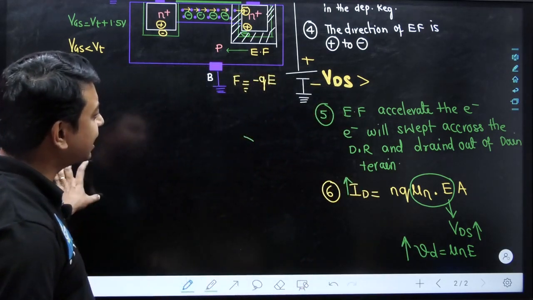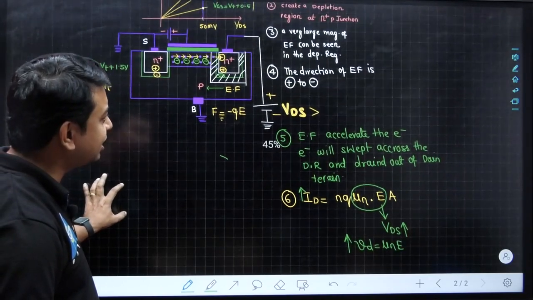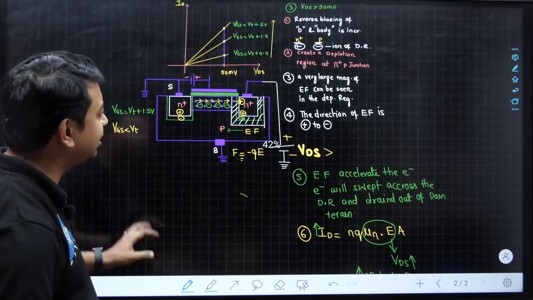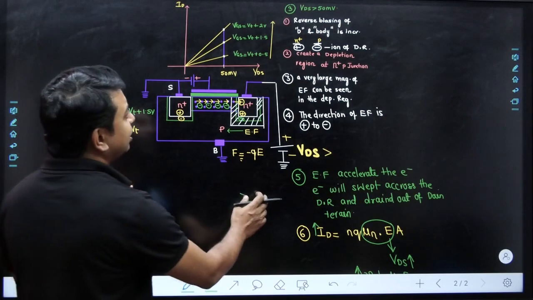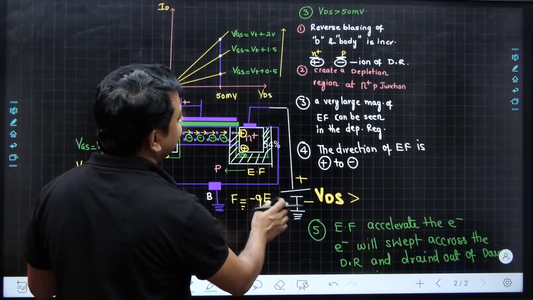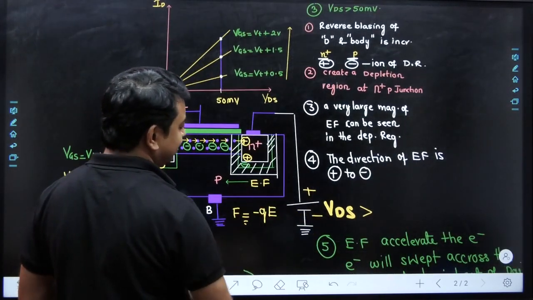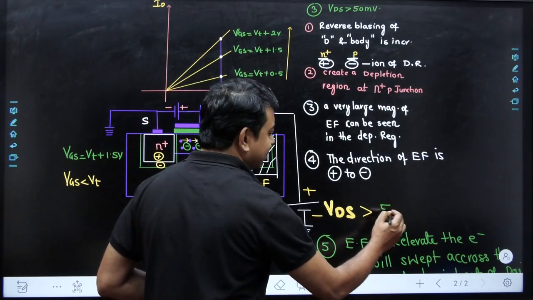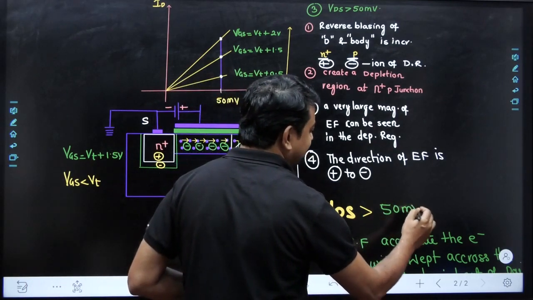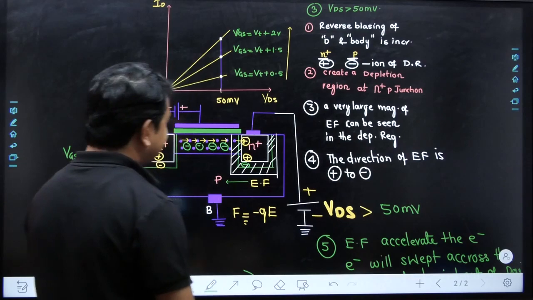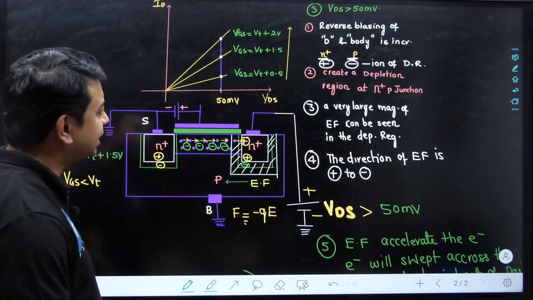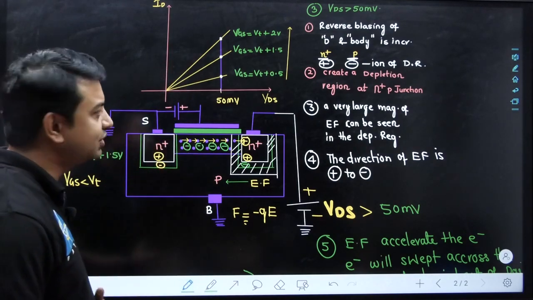So this is actually what is happening inside the semiconductor when we increase the voltage above a certain limit across the drain terminal. That is, this voltage is above, we can write, 50 millivolt or so. So in that condition, we have the circuit like this.